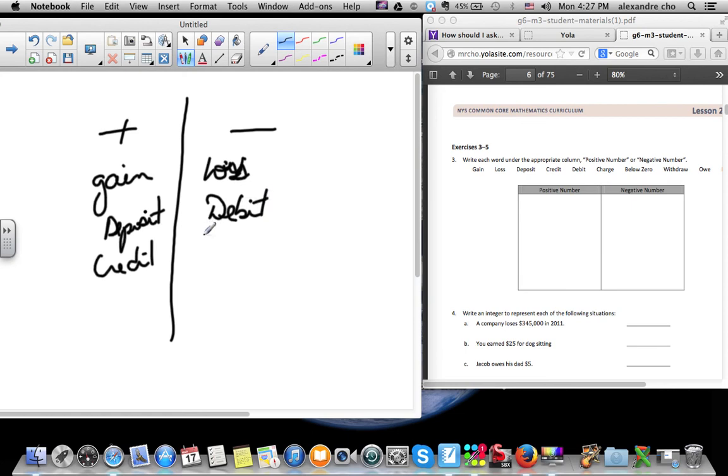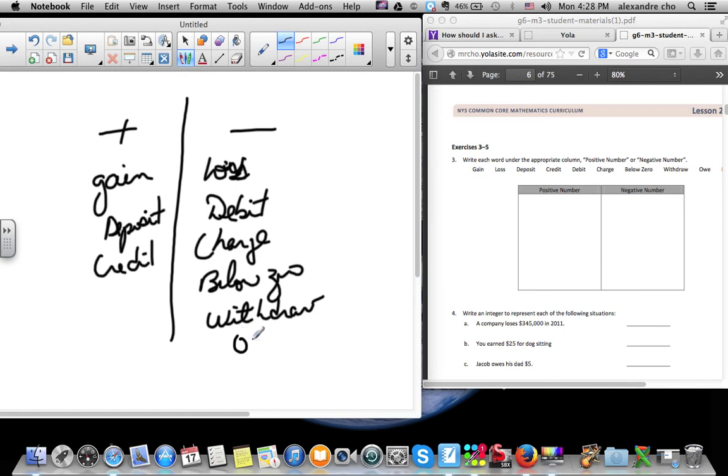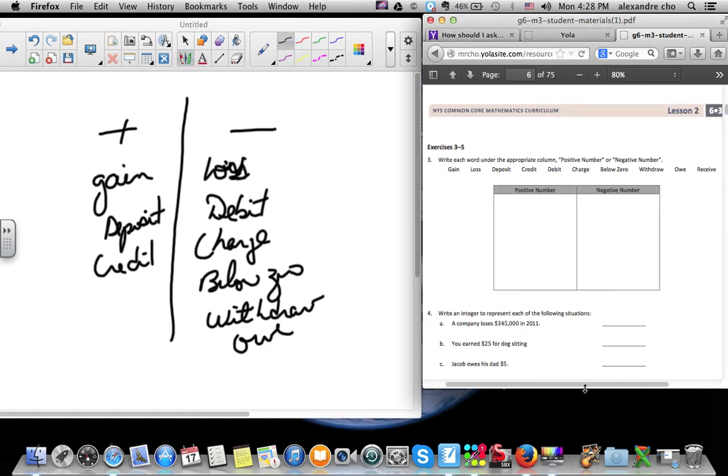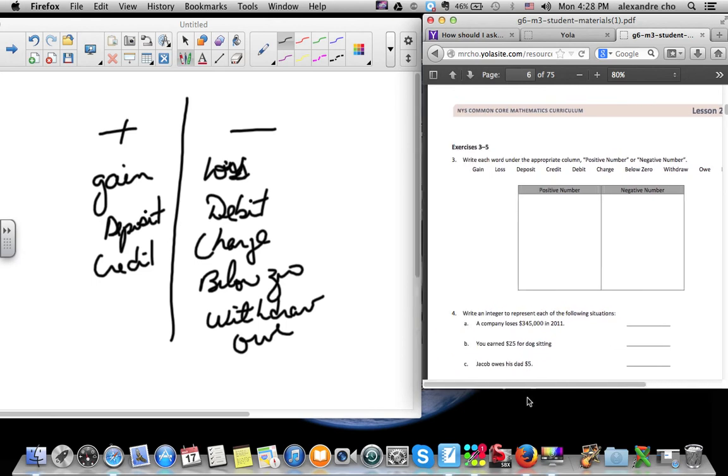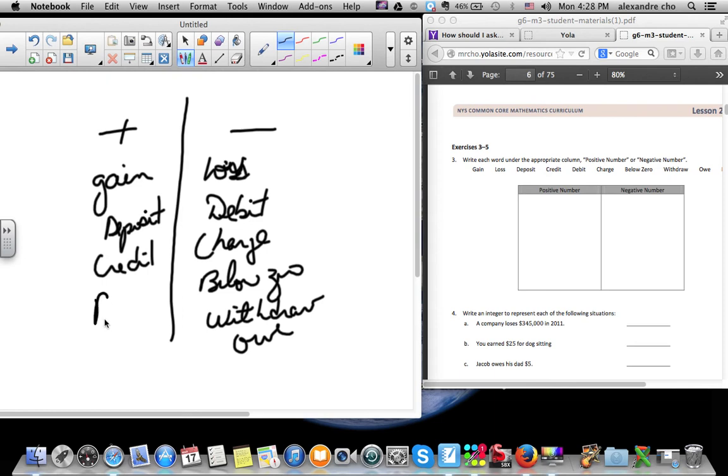A charge would be this side. Below 0 would be this side. Withdraw would be here, because you're losing money when you take money from your account. And owe would also be a negative. And we have one more that I can't see. And received. Received definitely is something that is positive.